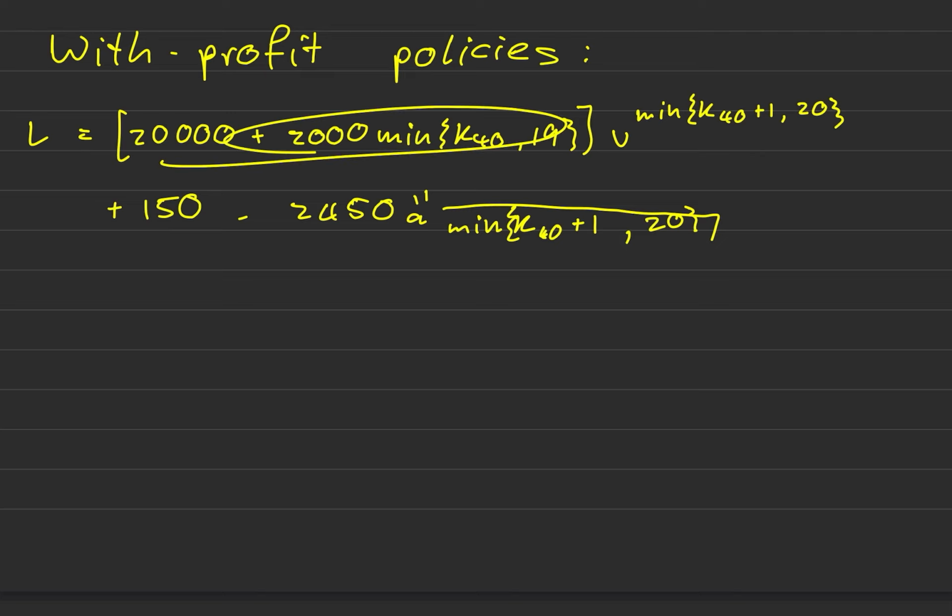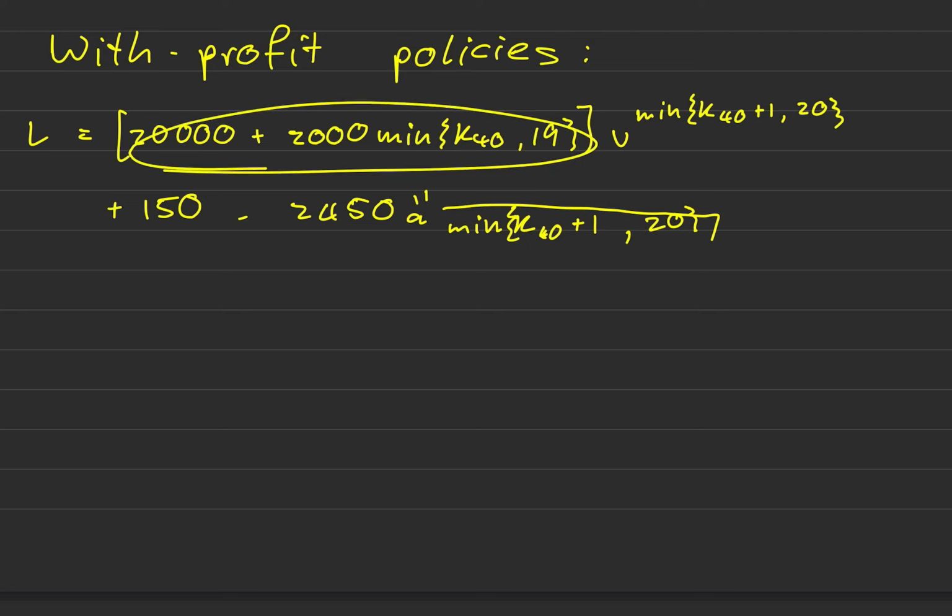This sum assured starts off at 20,000 Rand. If this life dies within the first year, in other words K40 equals 0, then I take the minimum of 0 and 19, which is 0, and multiply it by 2,000. 0 times 2,000 is 0. So my sum assured for the first year is 20,000.